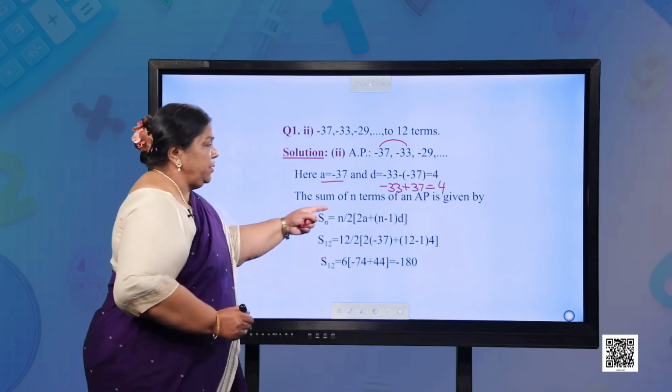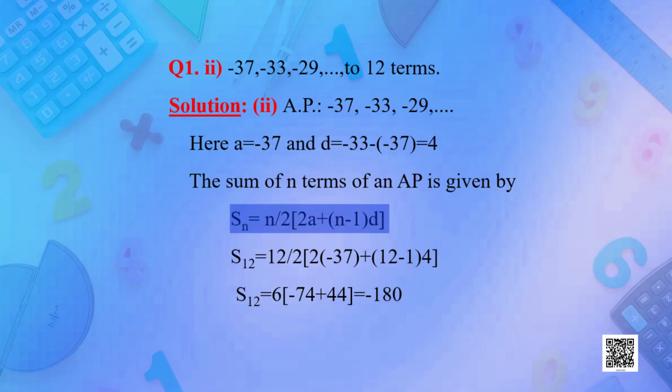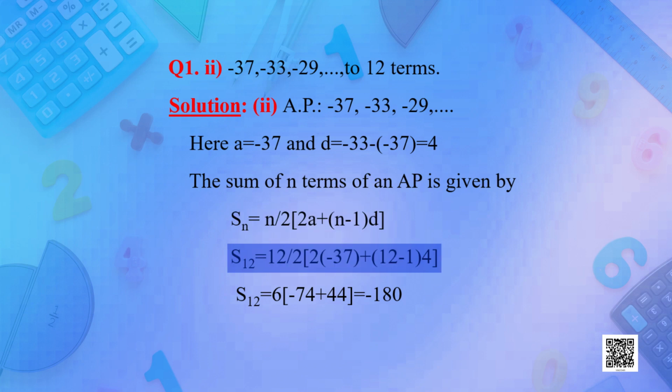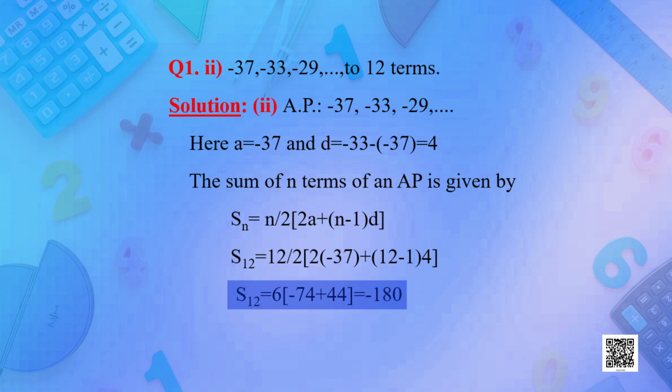So, sum of n terms of an AP is given by S_n is equal to n upon 2 into (2a plus (n minus 1) into d). So, 12 upon 2 multiplied by (2 into minus 37 plus (12 minus 1) into 4), which on simplification gives us 6 into (minus 74 plus 44), that is equal to minus 180. Is it clear? Okay. Let us go to the next.